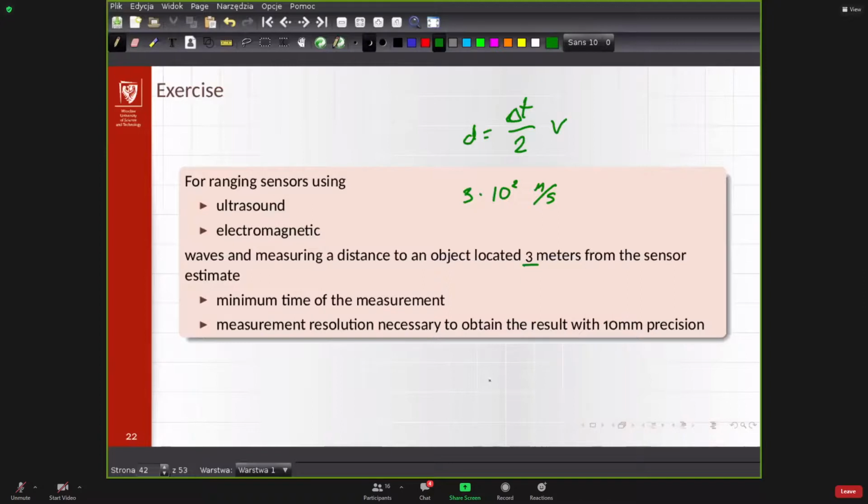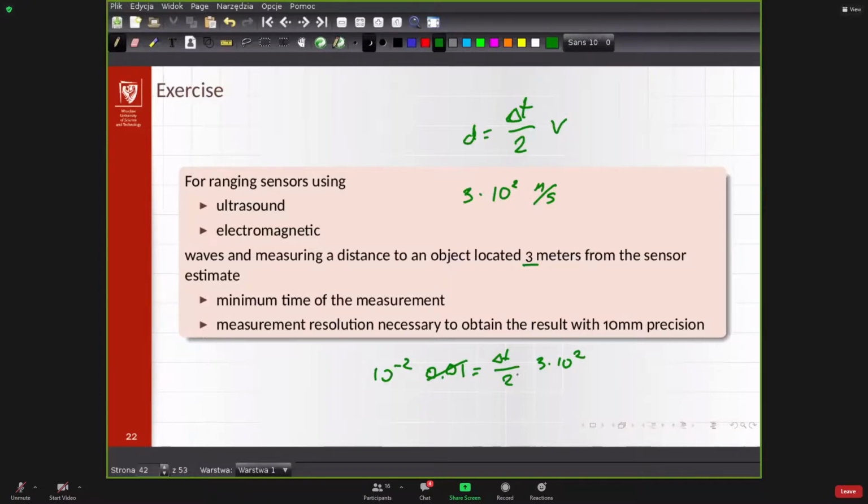So what we get, we have 0.01, so that's our 1 centimeter. We have this delta time, we have 2, and we have again 3 times 10 squared. So well, let's put it like 10 to minus 2.